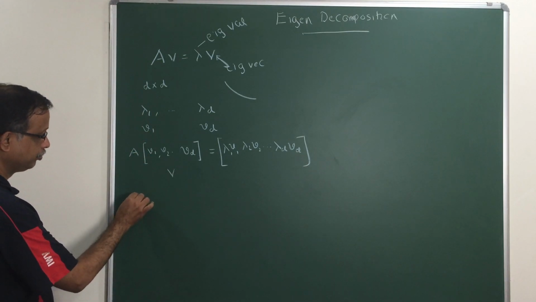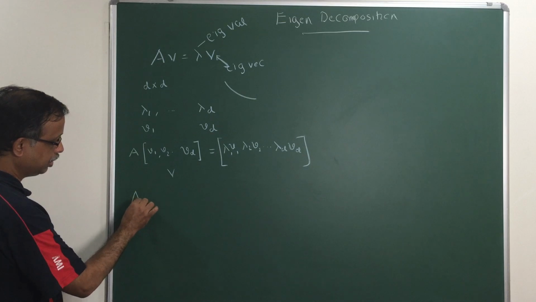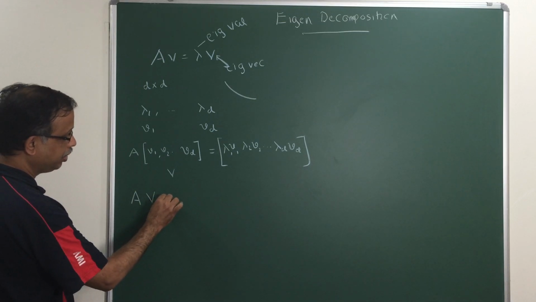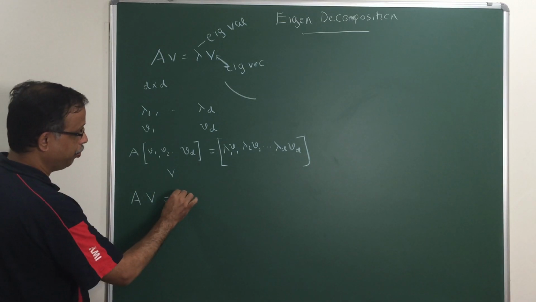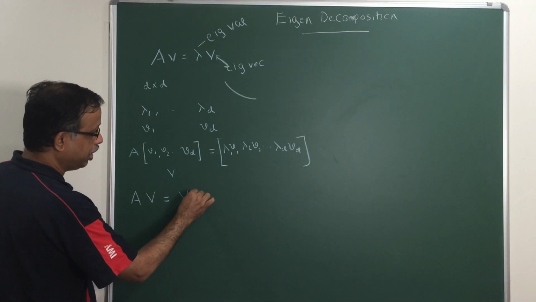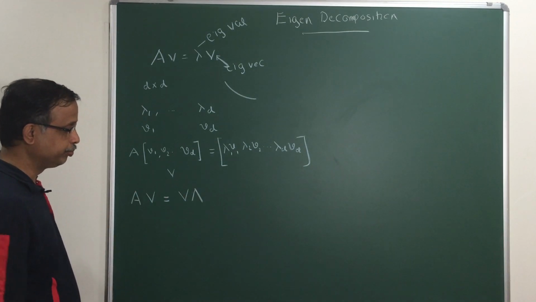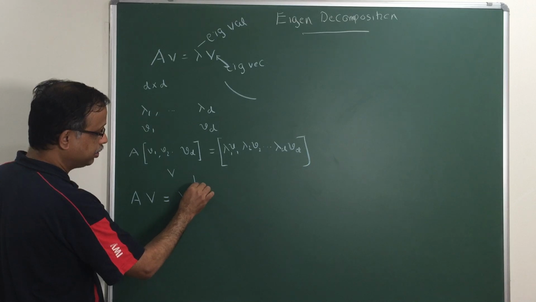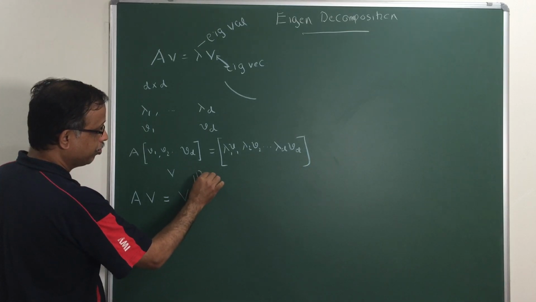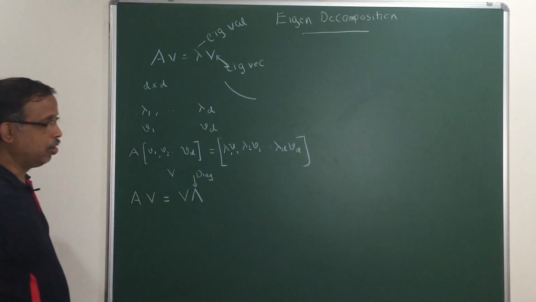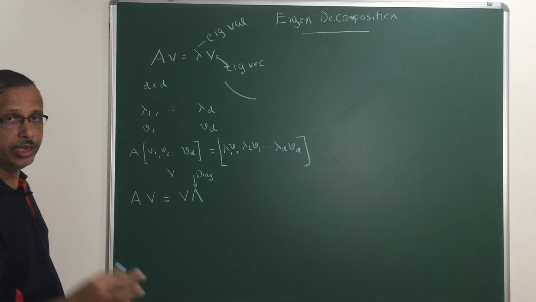Or more compactly, this is AV is equal to V capital lambda. This is a diagonal matrix with all the elements as eigenvalues.